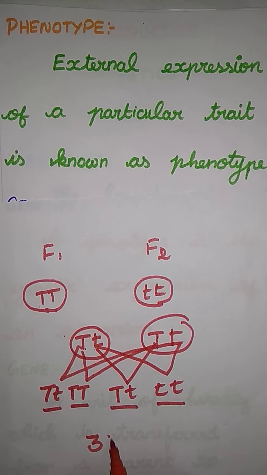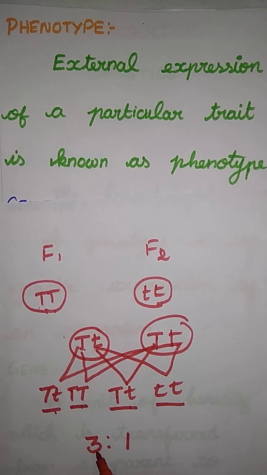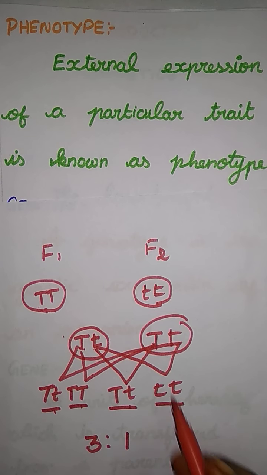So 3:1. How is the ratio written? Based on the number of tall plants, we write the ratio, 3:1.